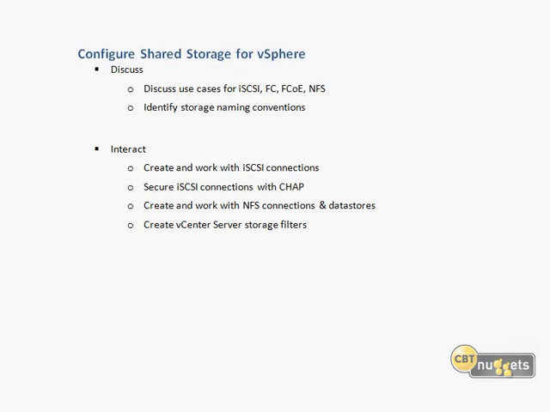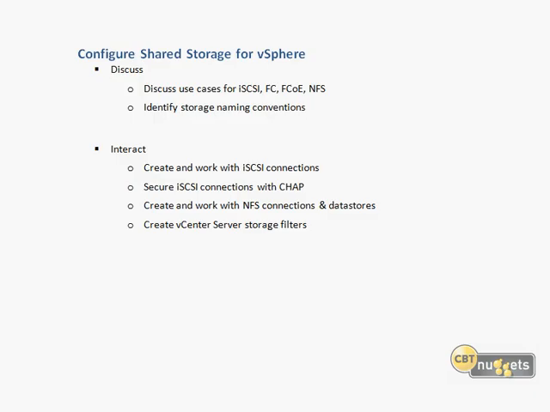So what have we talked about in this nugget? We've talked about how to configure shared storage for vSphere. And we talked about all the different types of use cases for storage, iSCSI, fiber channel over Ethernet, and NFS. And we focused specifically on both iSCSI and NFS so that we could take a look at how Ethernet-based connections are actually set up inside of ESX, and specifically vCenter Server.